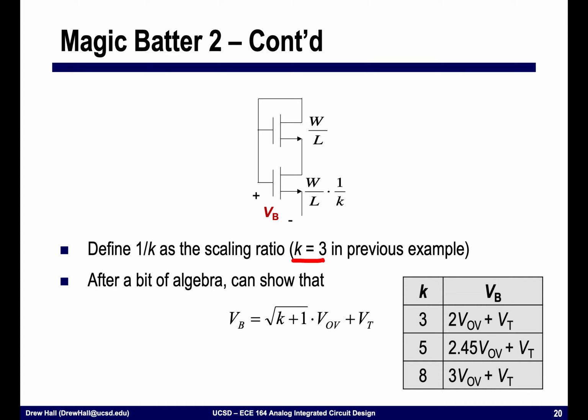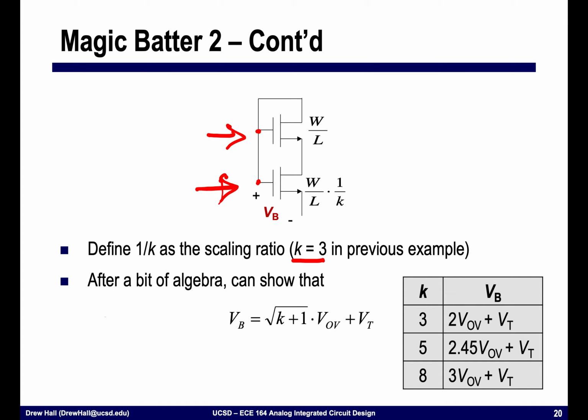Importantly, and you'll get to work this out in the homework, so I don't want to spend too much time on it right now. It's really important to realize that these two transistors are not in the same region of operation. Their gates are tied to the same voltage, and the current is the same.